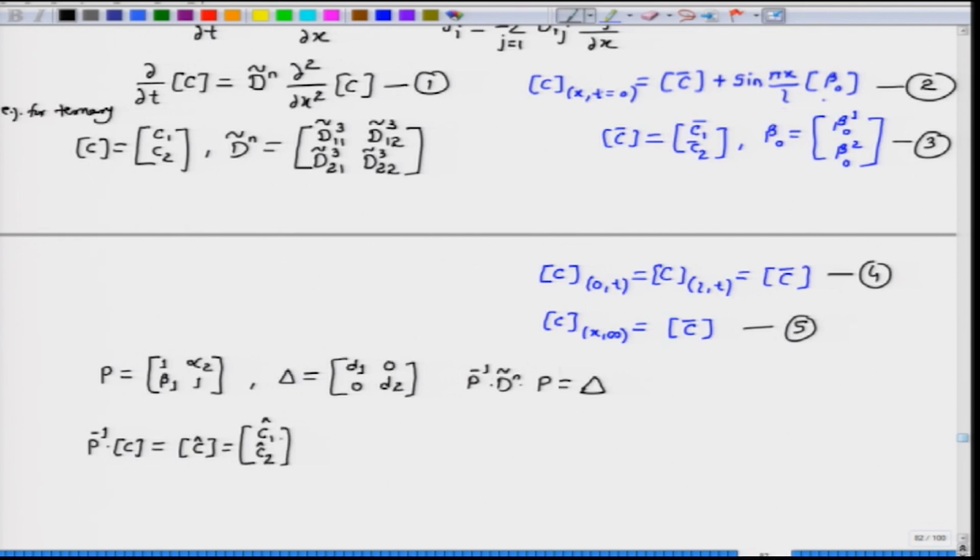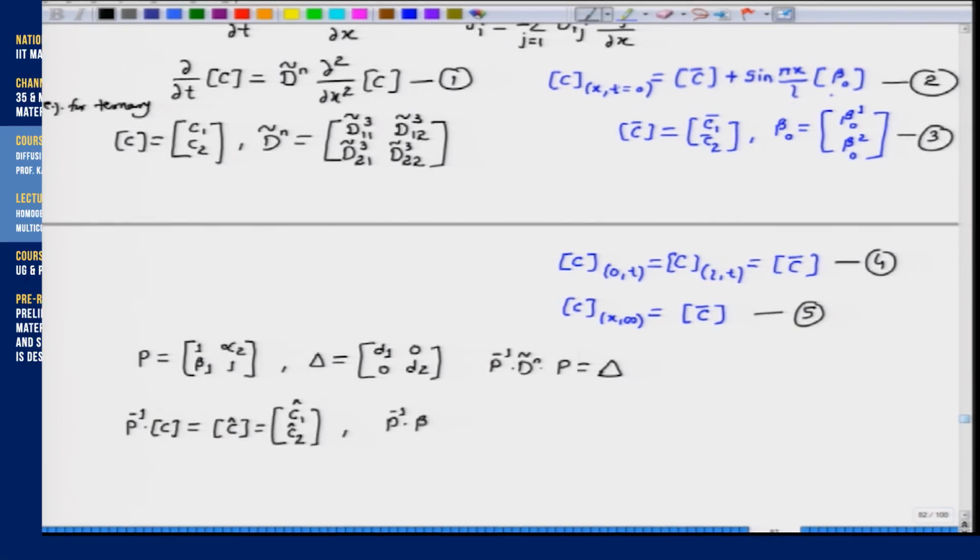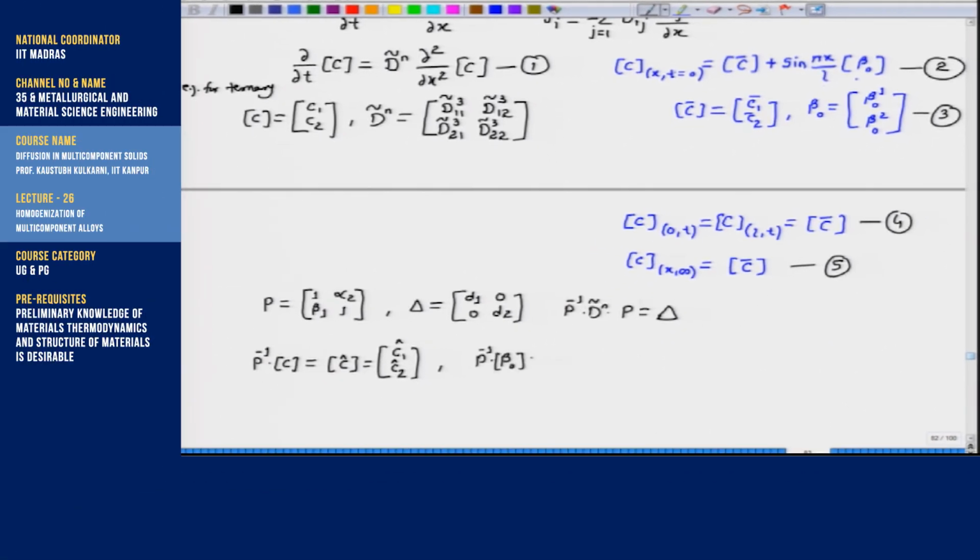These are the concentrations in the new basis, that is cap basis. Similarly, if we pre-multiply by P inverse, P inverse times the matrix of beta 0 gives me the matrix of beta 0 cap, which is again a column matrix of amplitudes in the cap basis. So, beta 0 1 cap, beta 0 2 cap.